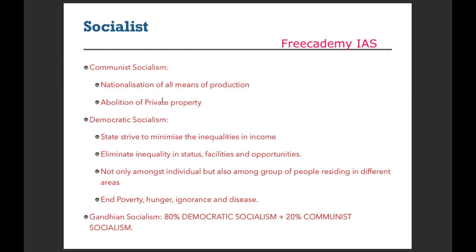But after 1991, after liberalization, privatization, and globalization, things are slowly moving into the hands of the private sector, as well as the government being involved in welfare schemes, and in making policy to minimize the inequalities in income and status and facilities, and the government is making schemes and facilities so that everyone has equal opportunity.